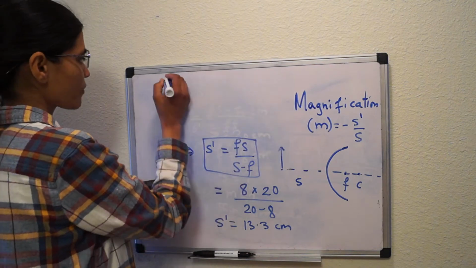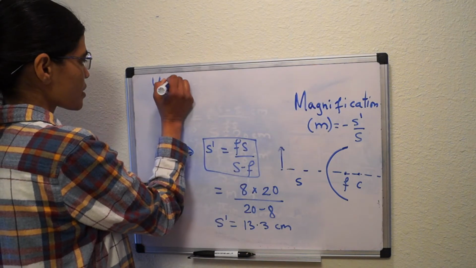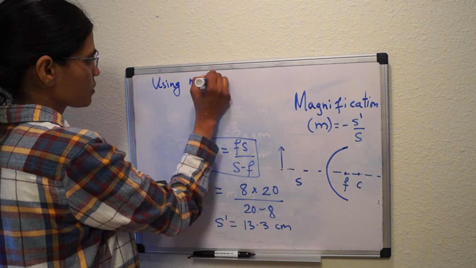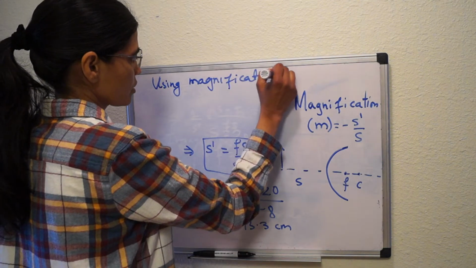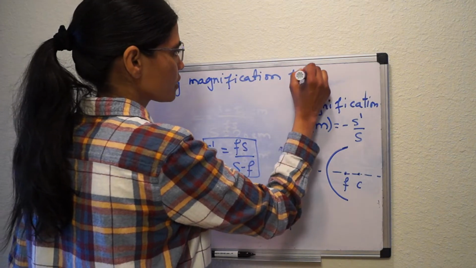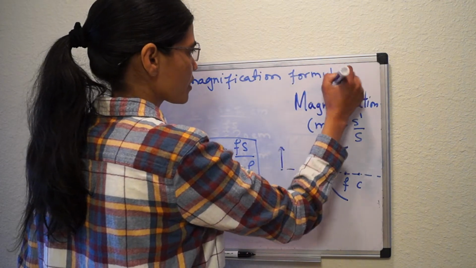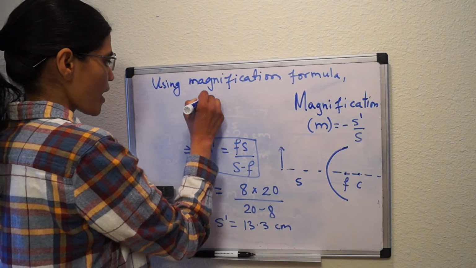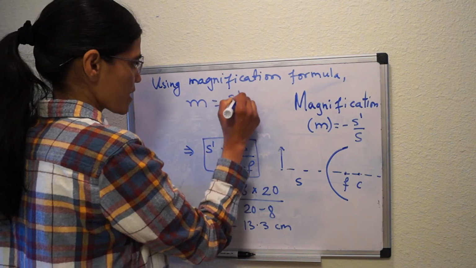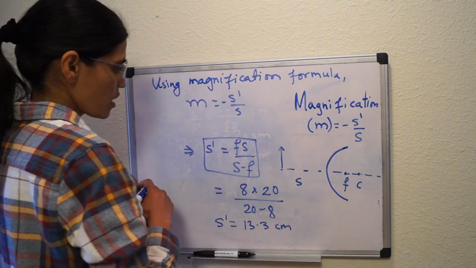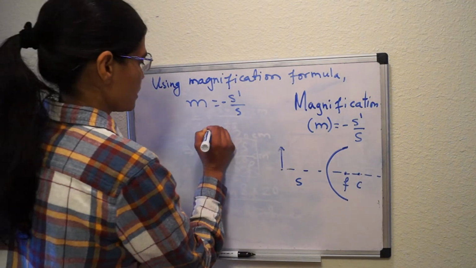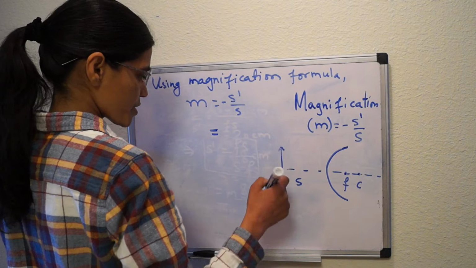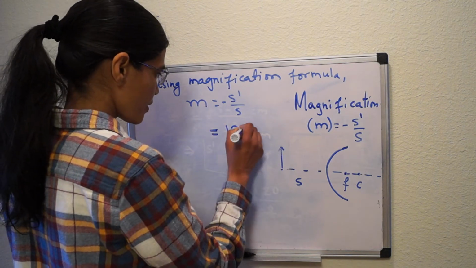Using this magnification formula, we can find m equals negative S dash by S. Our S dash is what? We just got that, it was 13.3, right?